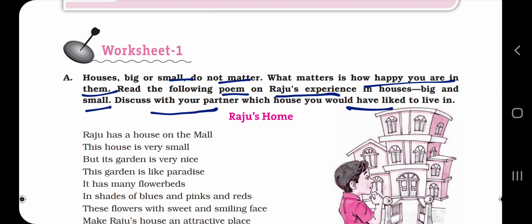This is a beautiful poem about the house where Raju lives and what one's preference is, the big house or the happiness. But the point is, here we are not concerned about the beauty of the poem or the poem itself. We are concerned about how the determiners are used here. Let's see it.